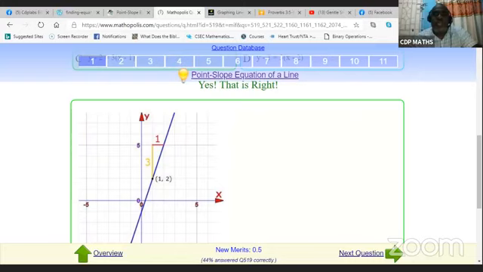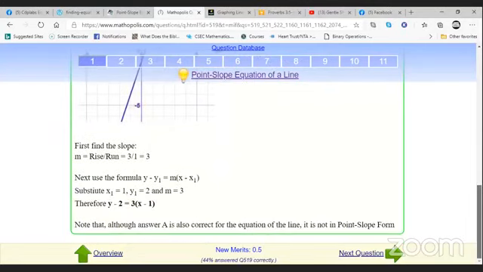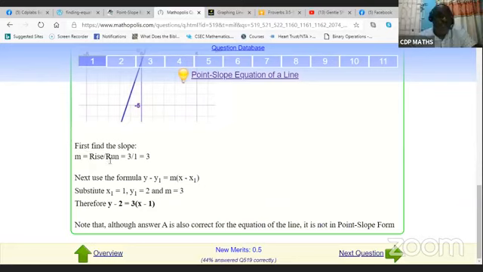You should have worked it out first. So they use rise over run. Once you're given a graph, you must use rise over run. Then next, you write down the formula as I said a while ago, and after you write down the formula, you substitute.